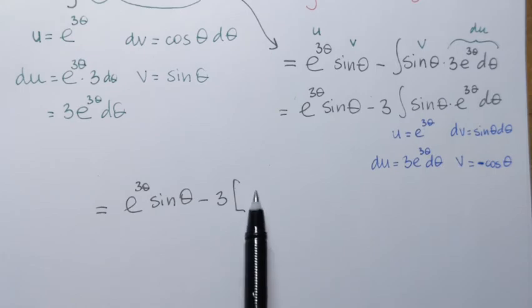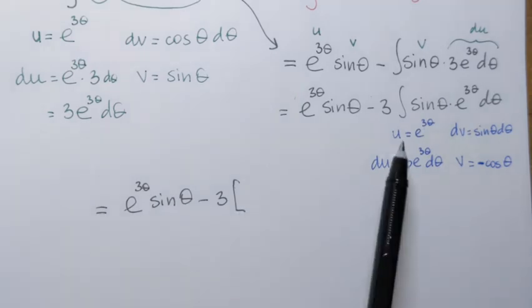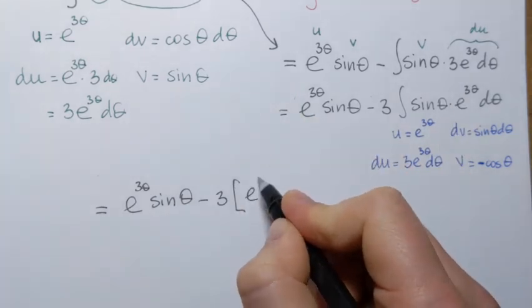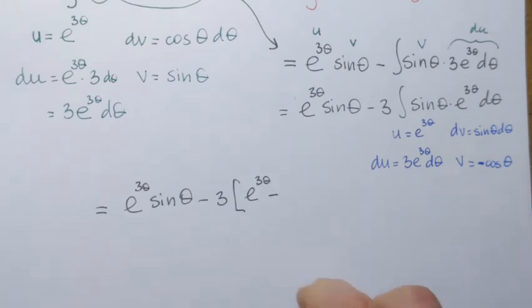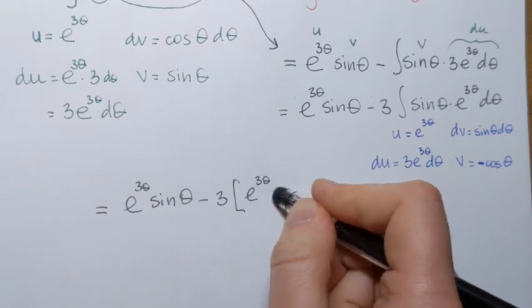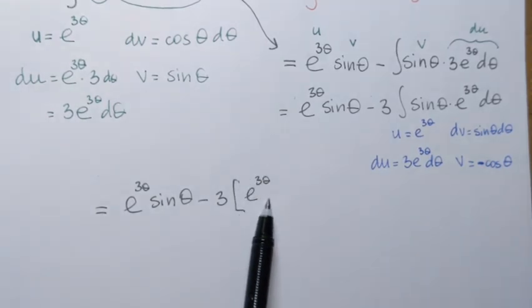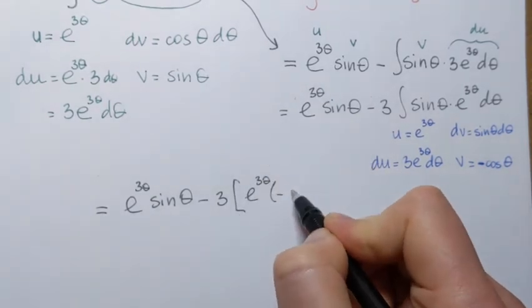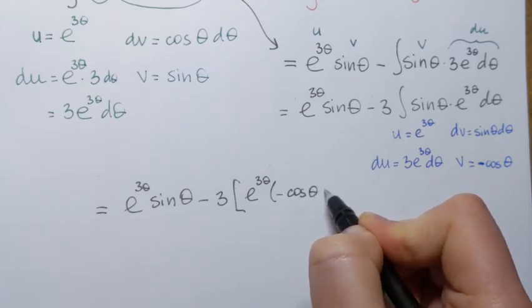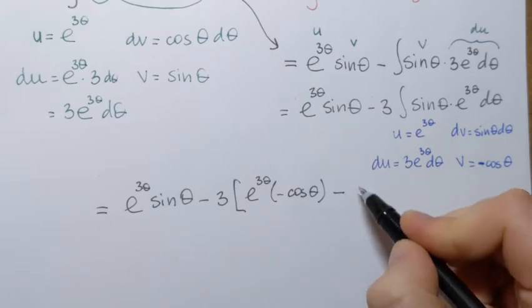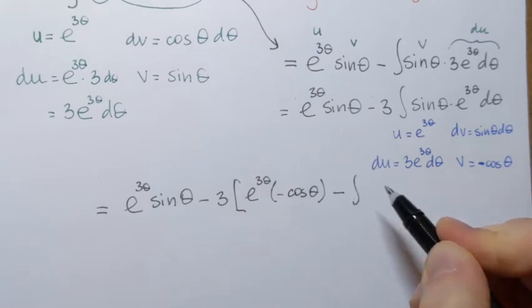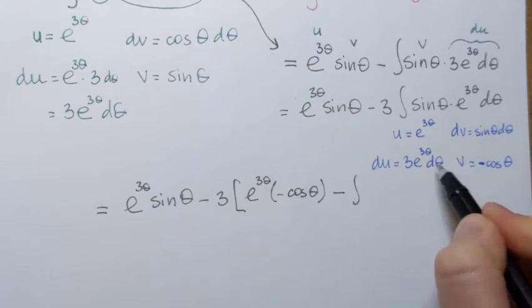So applying the formula, I have to do u times v. So u is e to the power 3 theta, times v, negative cosine theta, and then minus, I keep going with the formula, integral of v du.